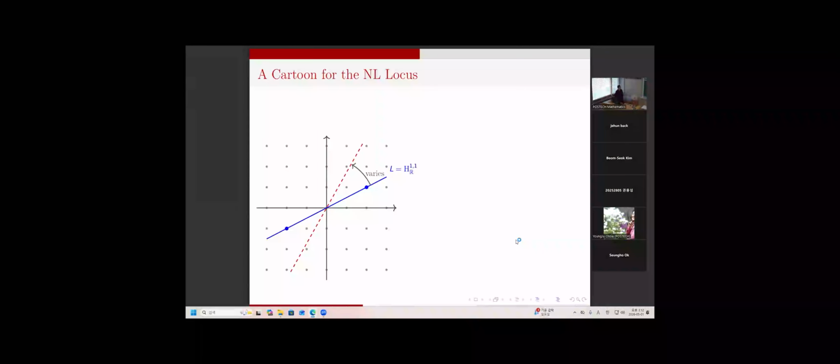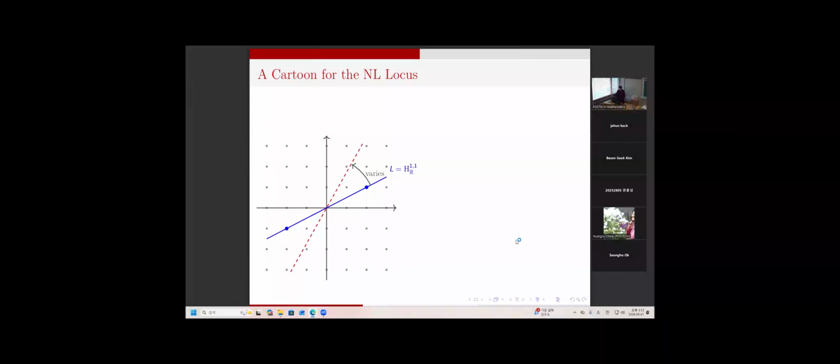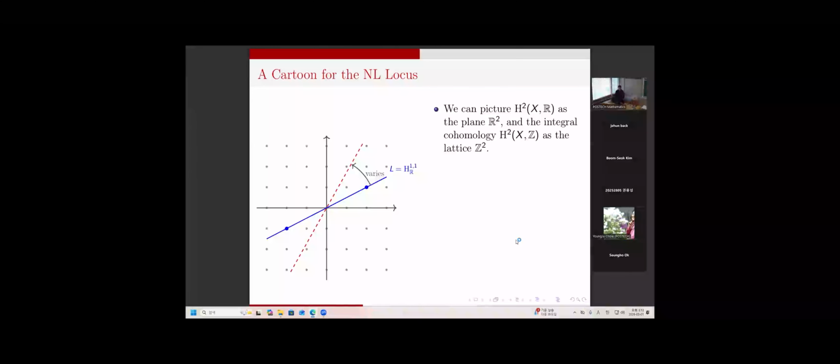Okay, so here's a picture for what is going on. I said that this is a cartoon because this actually violates Hodge symmetry, so it doesn't really happen, but let's pretend that this is a picture. Let's say that your H^2 with R coefficients is given by a plane R^2, and the integral cohomology is some integral lattice.